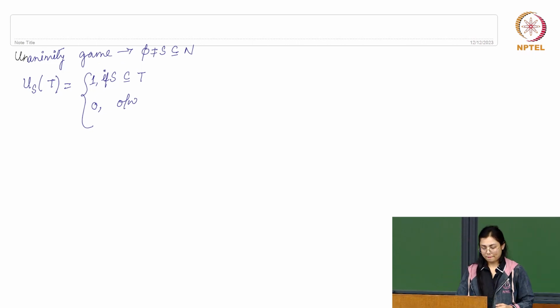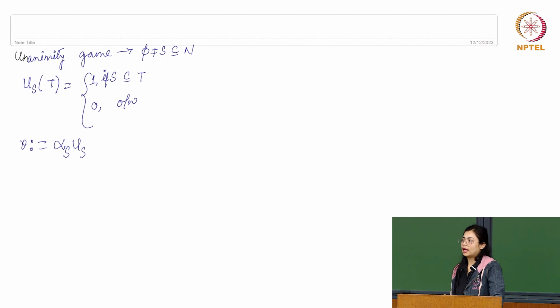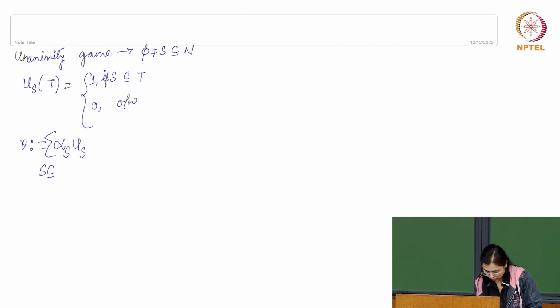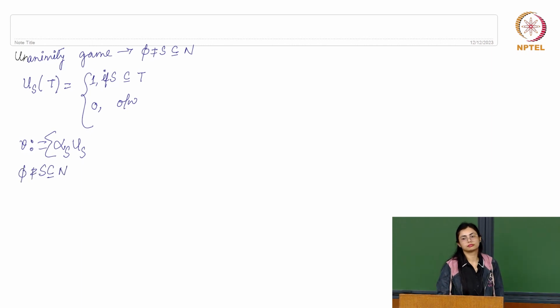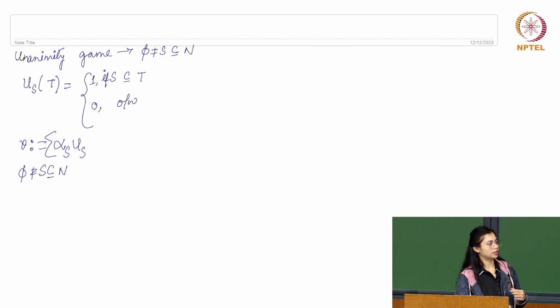And then we can represent V as a sum of coefficients alpha S and those unanimity games. Okay, sorry, here we have to set S.